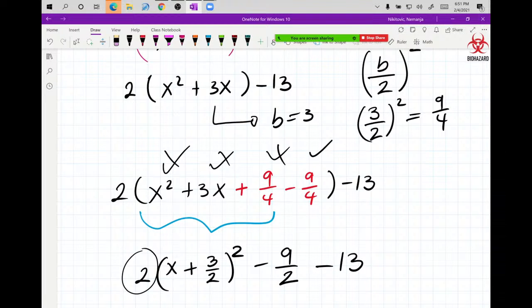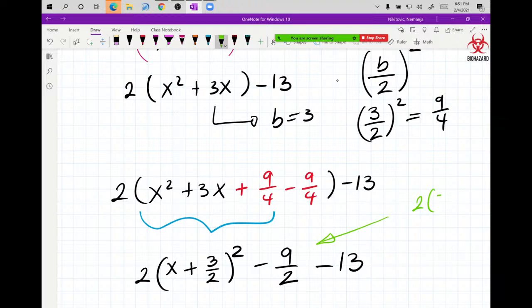So I'm going to actually now kill all these things here, and I'm going to do green, I guess, and I'm going to say that this 9/2 over here is 2 times negative 9/4. Negative 9/4. So hopefully you will pick up that 9/4 is that 9/4.